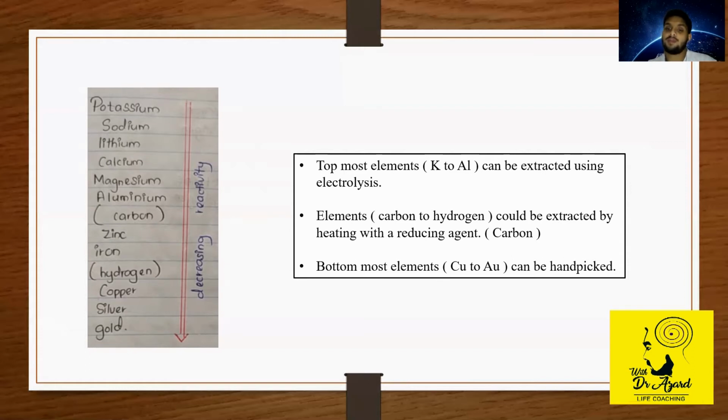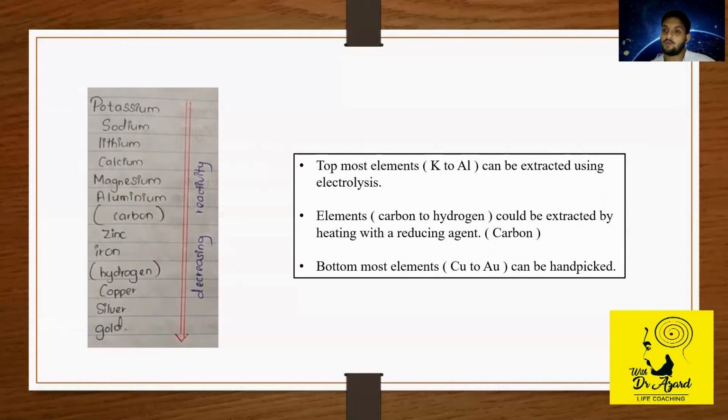The other portion of elements varies from copper to gold. These metals can be easily extracted. You don't need any chemical technique; you just need to use your common sense and hand pick. For example, if you listen to the news, you will see people hand picking gold.